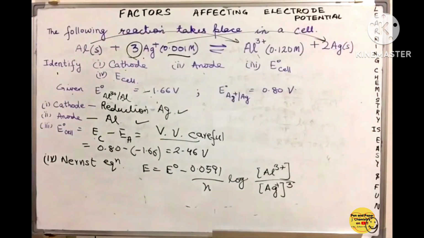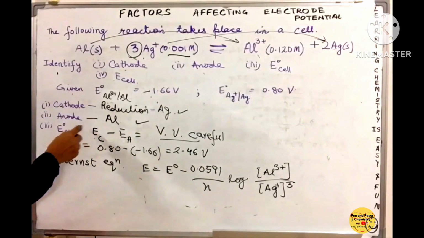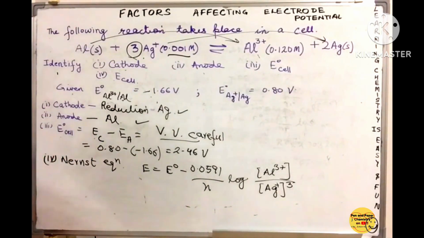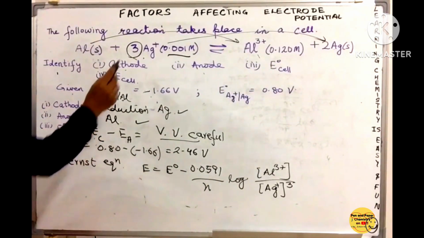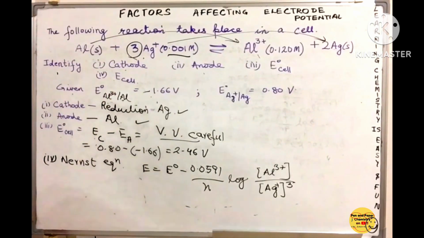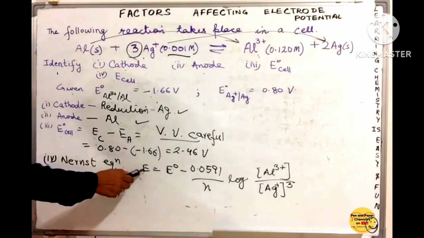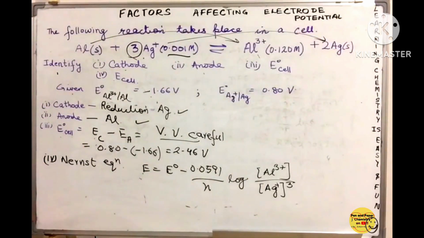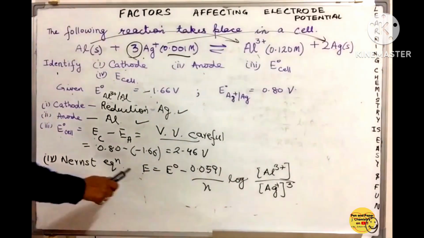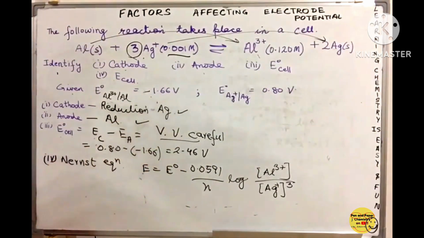Now here I would like to insist that while calculating E naught cell, we did not take the coefficients into consideration because it's an intrinsic property. Whereas EMF of a cell, not under standard conditions, depends upon the concentration.